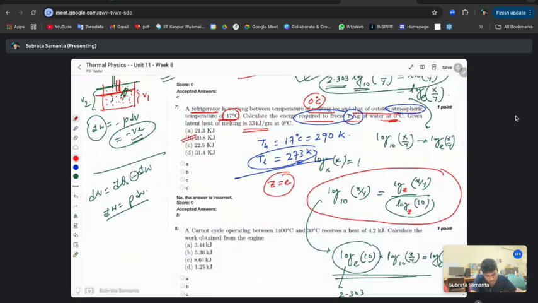Any questions or doubts if you have? Remember that the refrigerator is basically working in the reverse of the Carnot engine, and the efficiency is also the inverse of the Carnot engine. So here you have to put the work done.